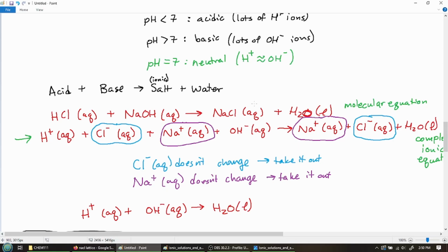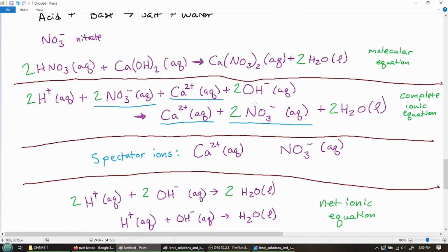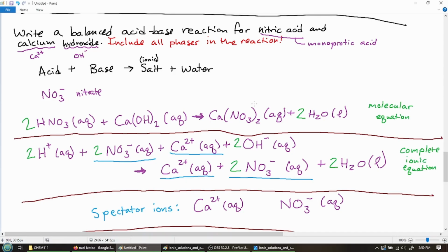In some cases, though, as we saw down here, we would need twice as much nitric acid as we have calcium hydroxide. Why? Well, both of them are going to completely split apart. Nitric acid is a strong acid, and calcium hydroxide is a strong base, so each one will completely dissociate.